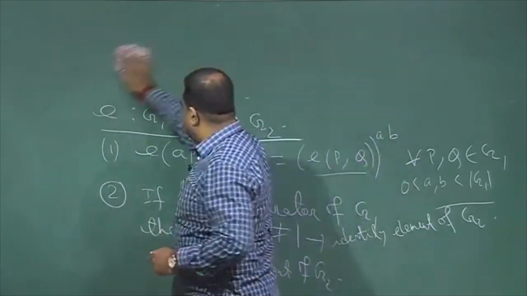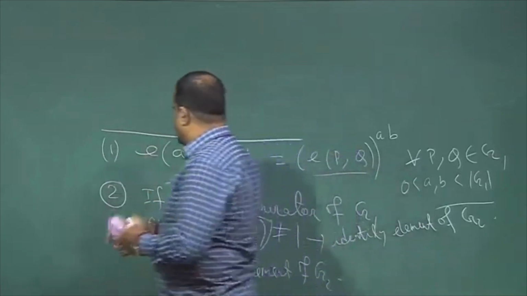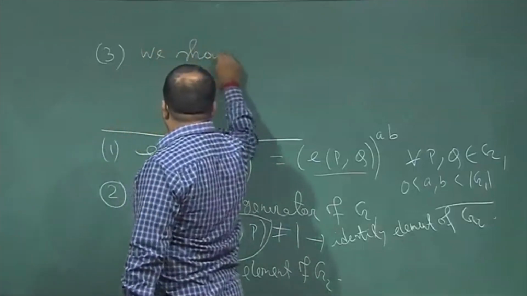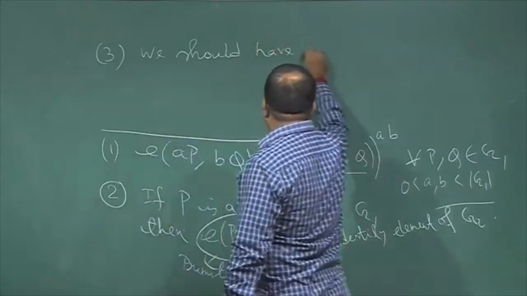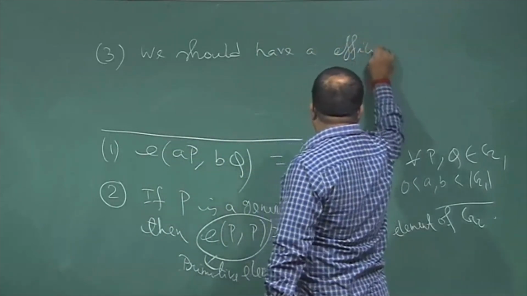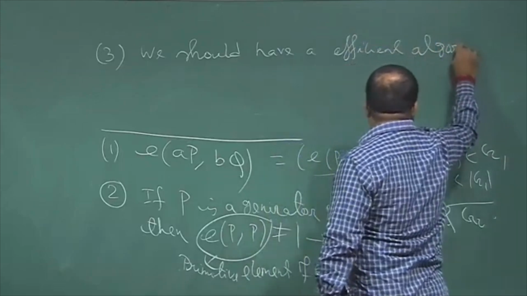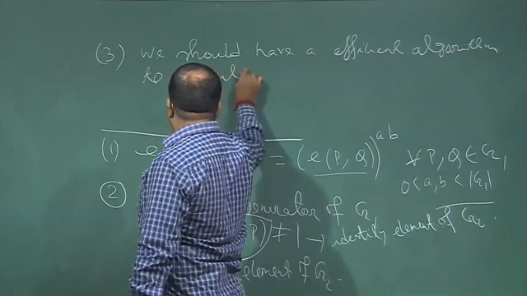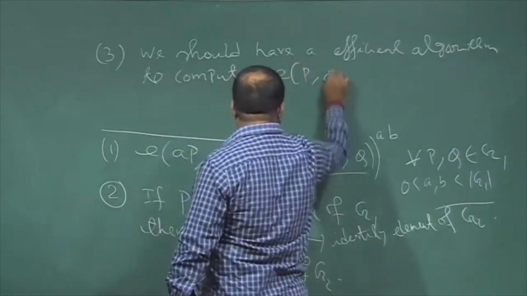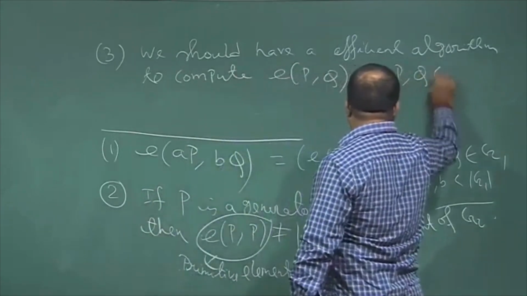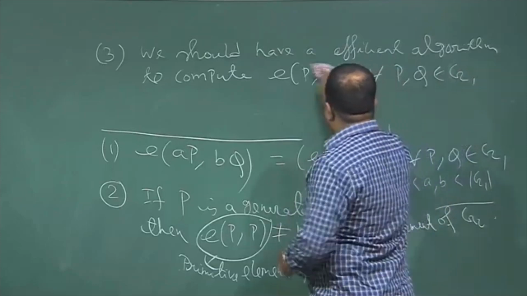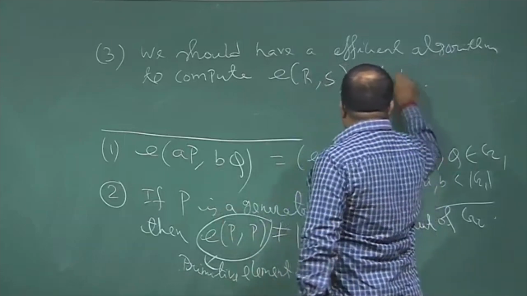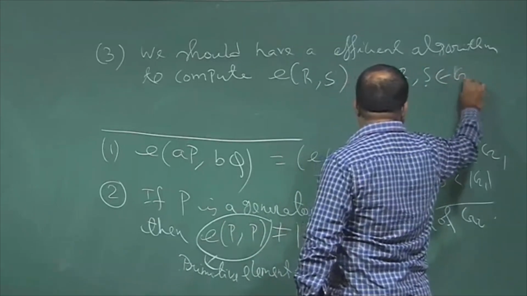that there should be an efficient algorithm to compute this pairing E(P, Q) for P, Q belonging to G1.